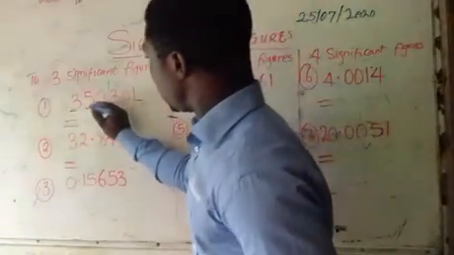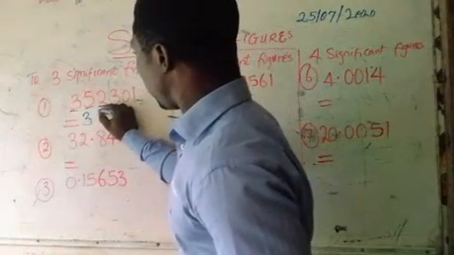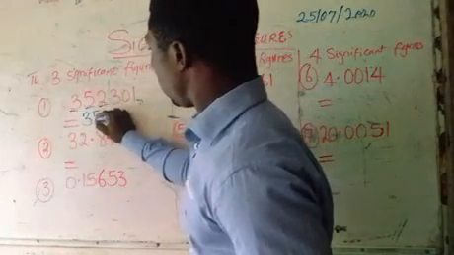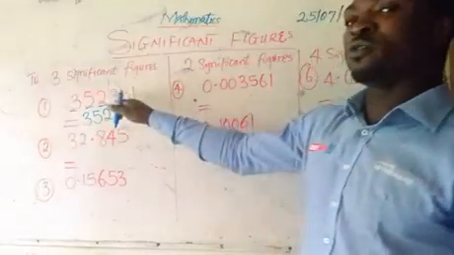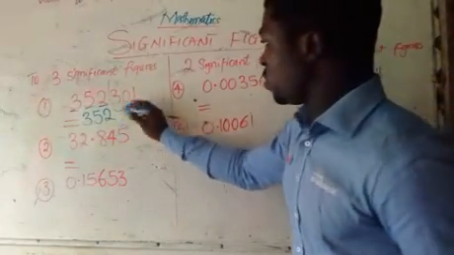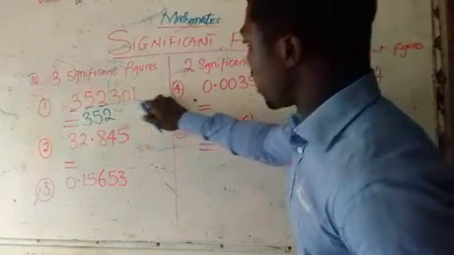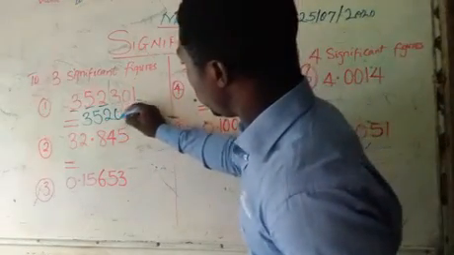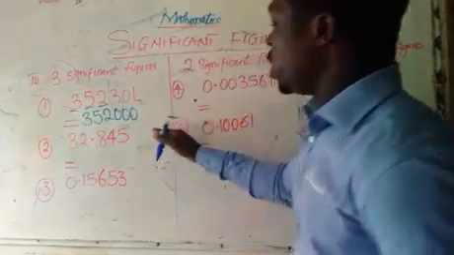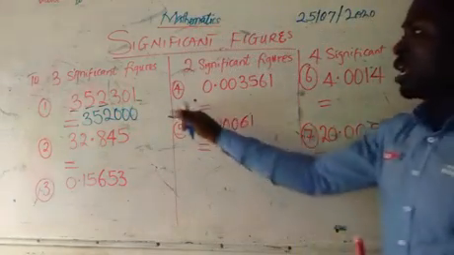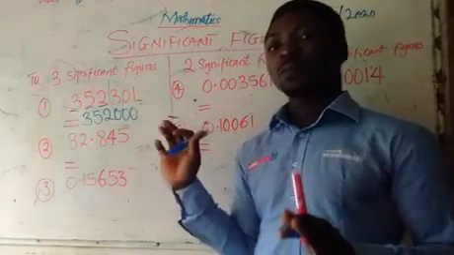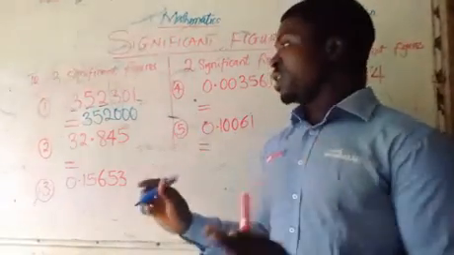So we have it this way: 3, 5, 2. The other one, since it's not up to 5, we round it down to 0. How many digits are there after that? We have 0, 0, 0. They are only there to show the order of magnitude. They are not significant. I believe this is clear.